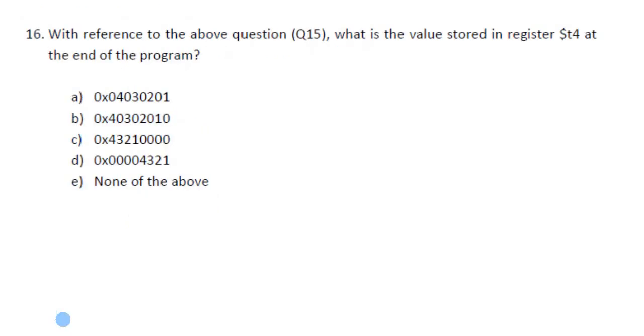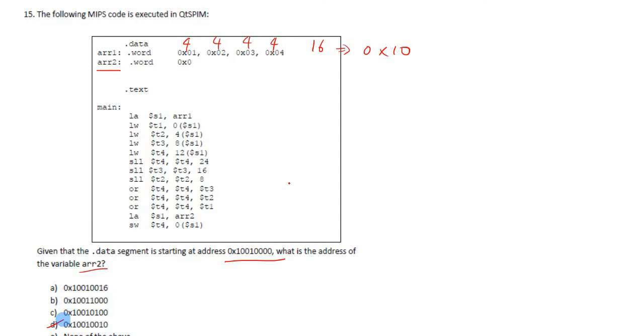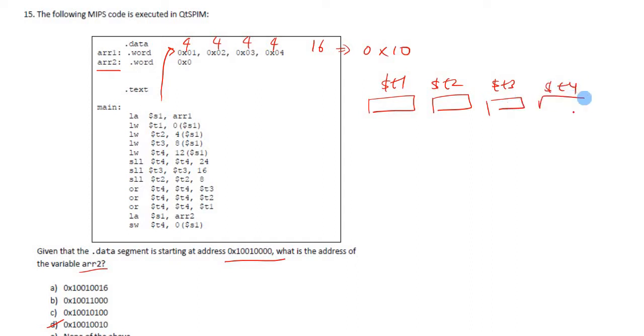Okay, the next question is asking what is the value stored in register T4 at the end of the program. If you examine the code, basically what is happening is S1 is pointing to the first element of array 1. So I'm going to load these registers T1, T2, T3 and T4. T1 has a value of 01, T2 has 02, T3 has 03 and T4 has 04.